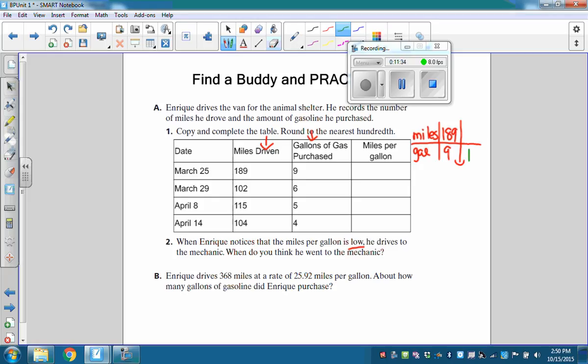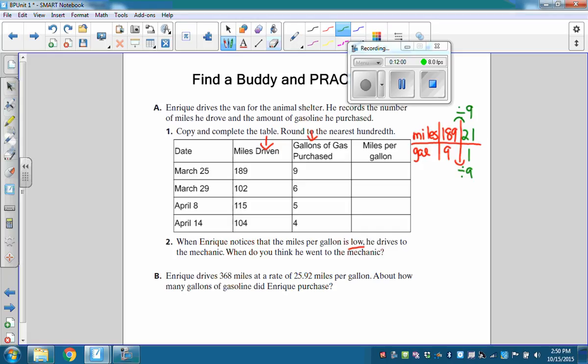Whenever you see the words unit rate, or if you're trying to make a comparison, get to a unit rate, you need a 1. So divide by what, Andrea? 9. And Avi, when you divide by 9, what do you get? 21.